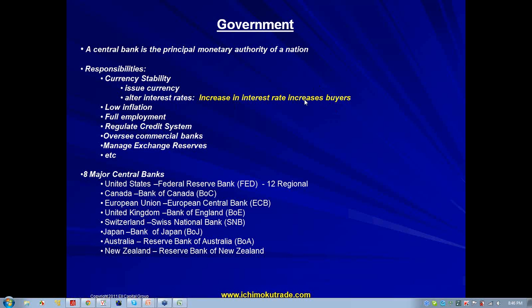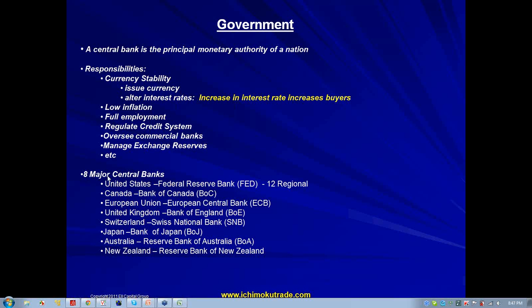We'll talk more about that once we get into the fundamental piece of the currencies. Also, you can see all the other agendas here for every government: low inflation, full employment, regulate credit systems, oversee commercial banks, manage exchange reserves. So the Federal Reserve, or the central banks, have a lot of responsibilities.